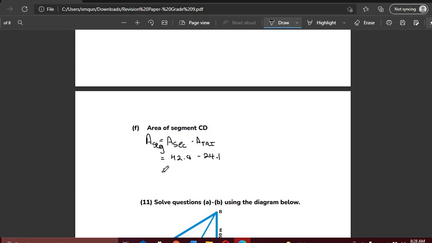Okay, so our final answer is going to be 18.7. And remember to add your units to your final answer, so it's going to be centimeters squared because again, we're asked to find the area.